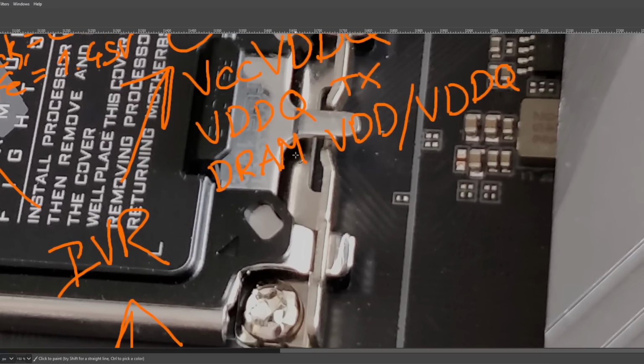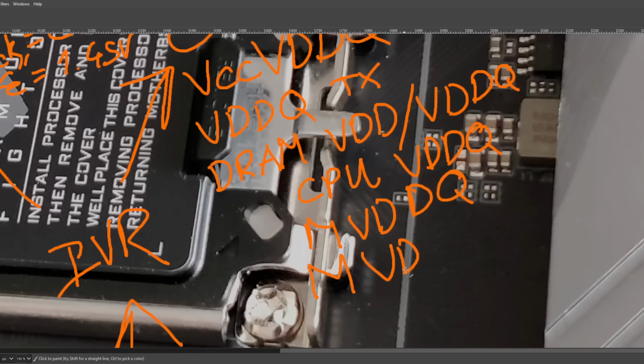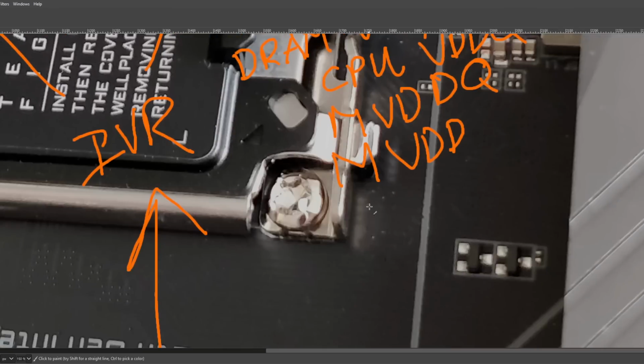So the thing about this on Gigabyte boards is that setting actually is a combination of CPU VDDQ, memory VDDQ, which I'm just going to call MVDDQ, memory VDD, and it also sets your VDD2 voltage, which we're going to get to eventually.